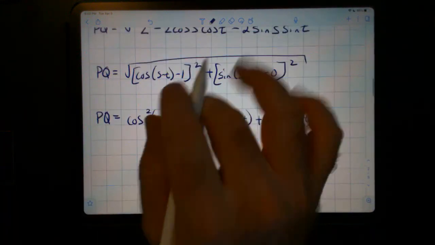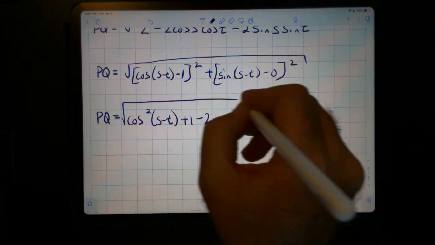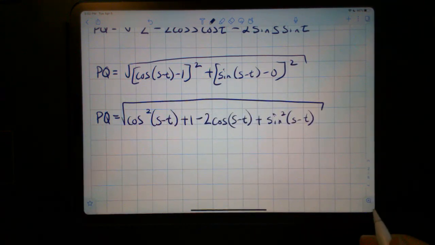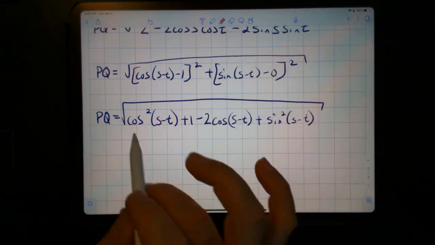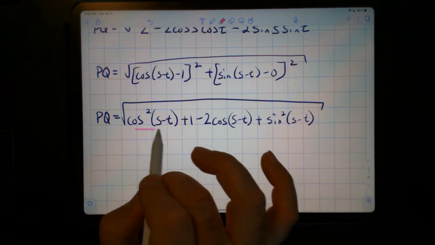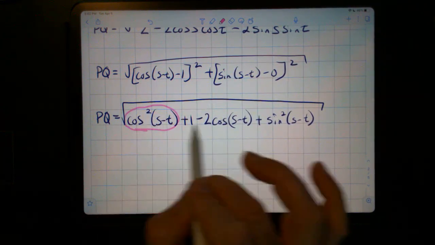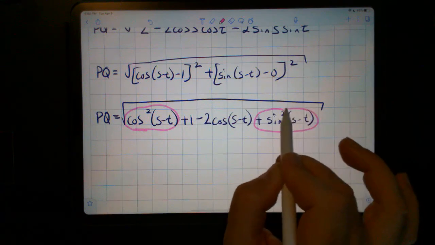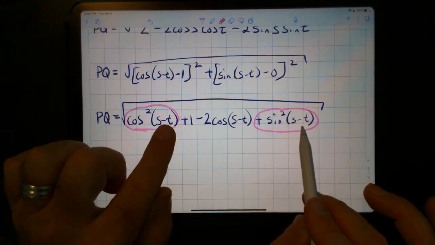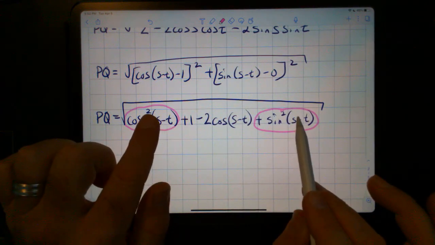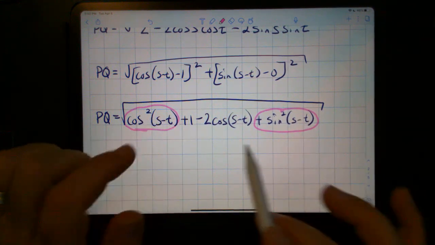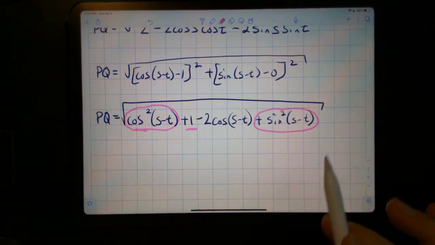Okay, and it all needs to be square rooted. Now, what we have is cosine squared of an unknown angle plus sine squared of that exact same angle. Therefore, this is 1. 1 plus 1 is 2.